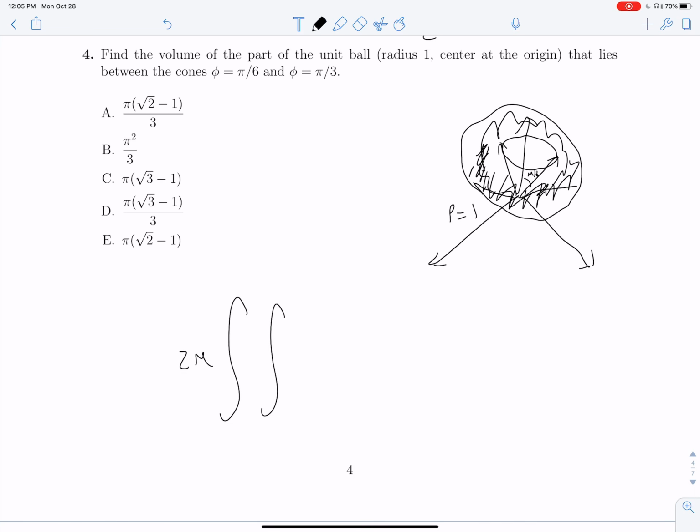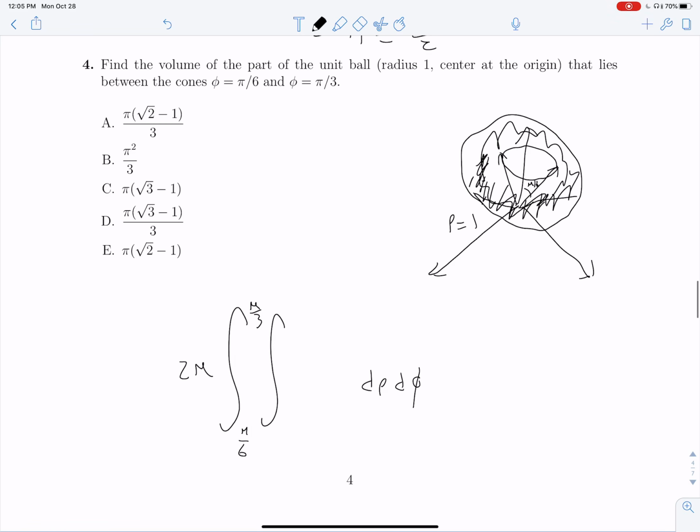We've got to go all the way around eventually. We know that phi runs between pi over 6 and pi over 3, and I'll just be clear and add our d rho d phi out there. And we know that rho runs between 0 and 1, and we've got to add our basic ingredient to the integral, which is rho squared sine phi.